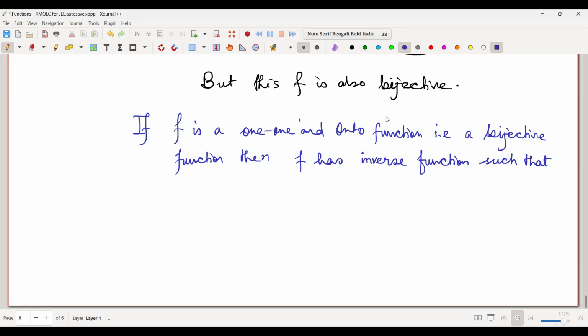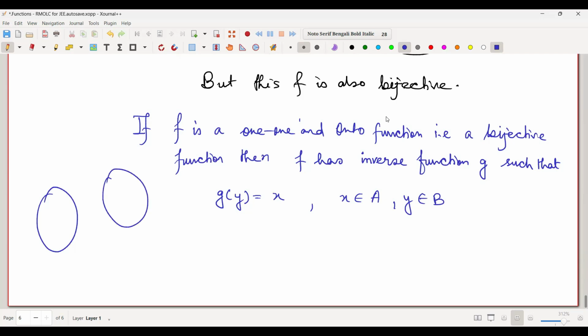Let us say it is g, such that g of y is equal to x, where x is from A and y is from B. So this is the scenario.